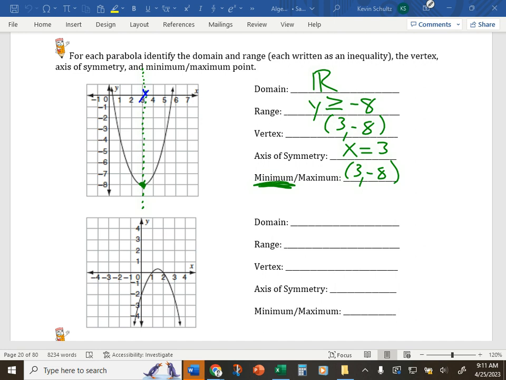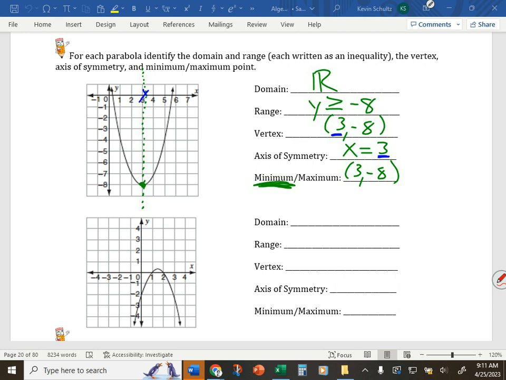So, what connections do we see here? We already talked about that connection between the x value and our axis of symmetry. What other connection do you see? It's easier to see now that we've done 3 of them, perhaps? The vertex and the minimum or maximum are the same points. What else? When you have arrows on each end, the domain is always all reals. Good.